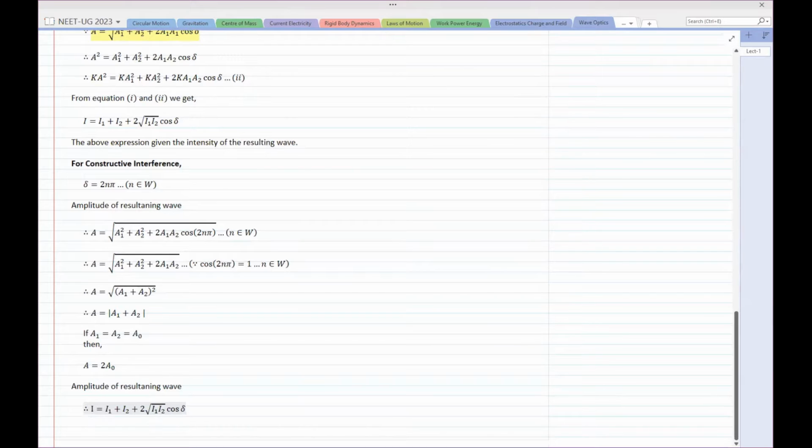So what do we get if we substitute it there? This cos delta changes to cos 2n pi, and with that n belongs to whole number. Now if we know this, then again this becomes a square, but a different type of square.